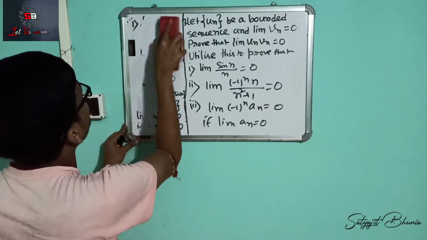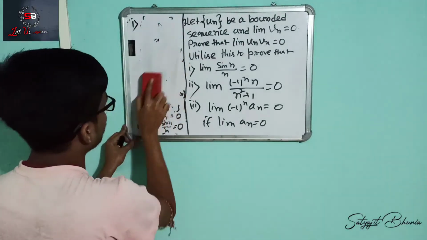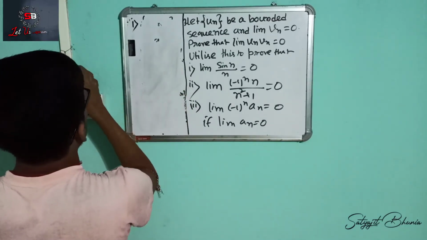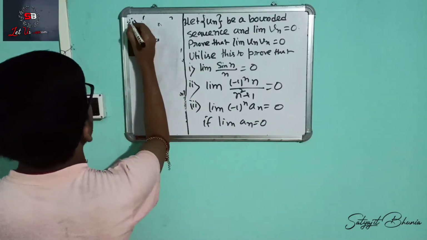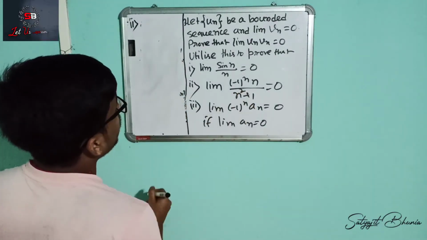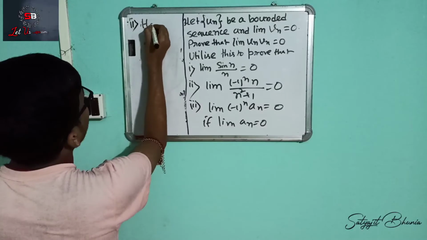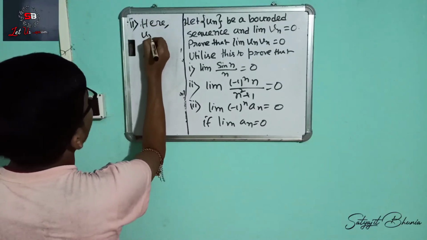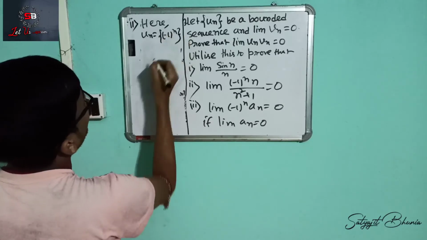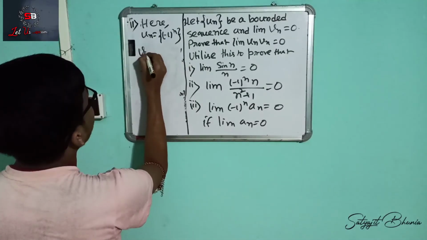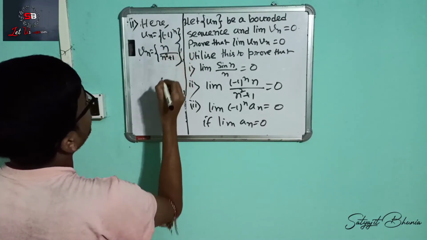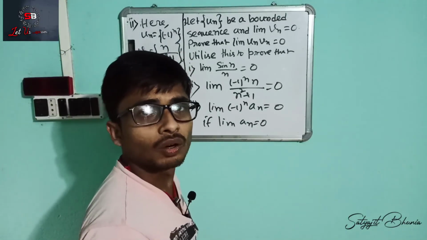Number 2. Here we take un is equal to (minus 1) whole to the power n, and vn is equal to n by n square plus 1.